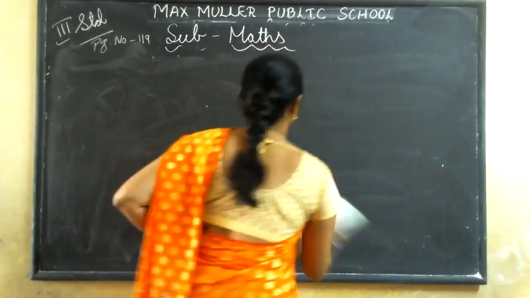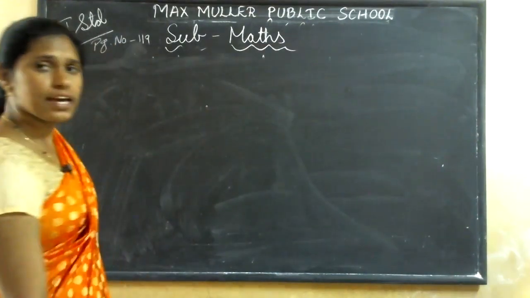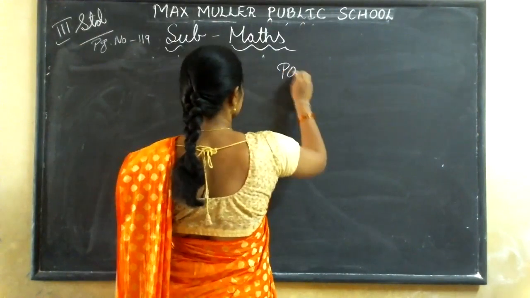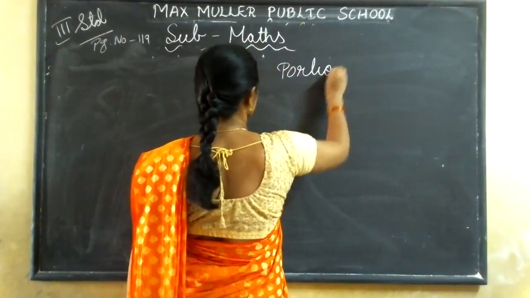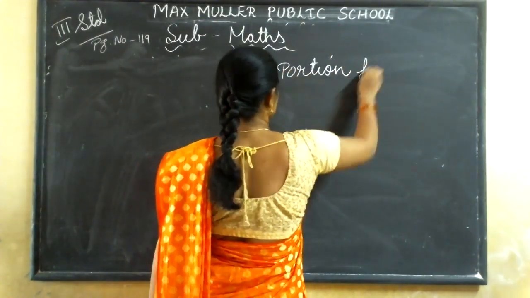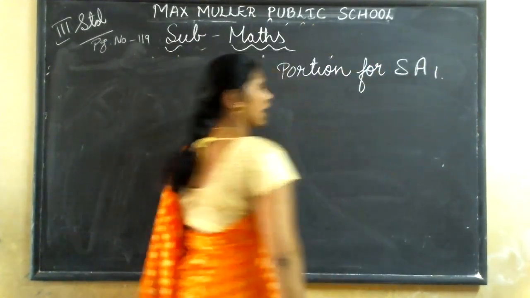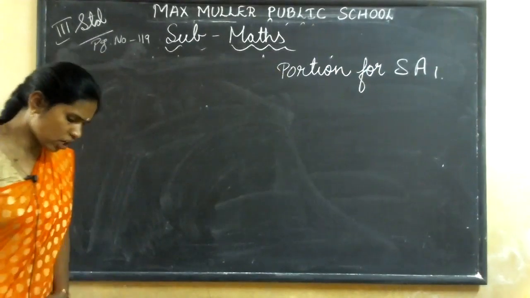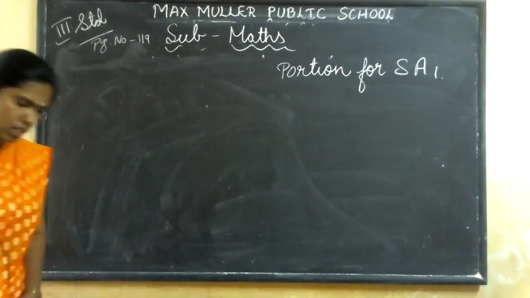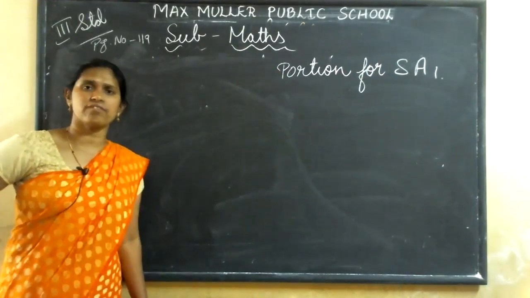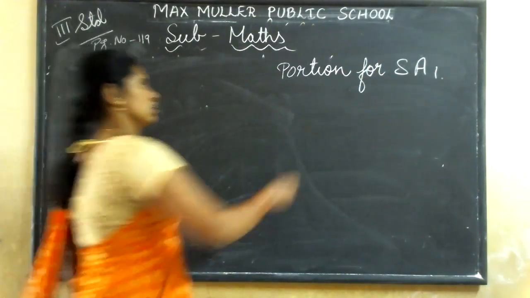Write the portion for Essay 1. For Essay 1, you will be having Essay 1. So what all portion do you have to learn? You have to learn the worksheets, which I have given now.